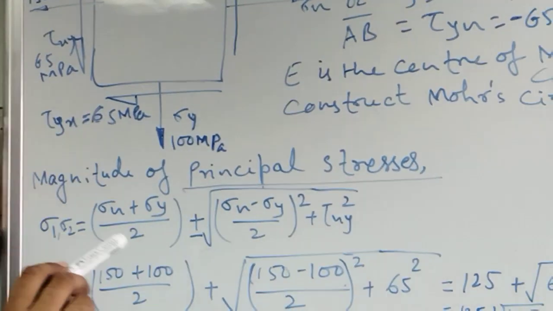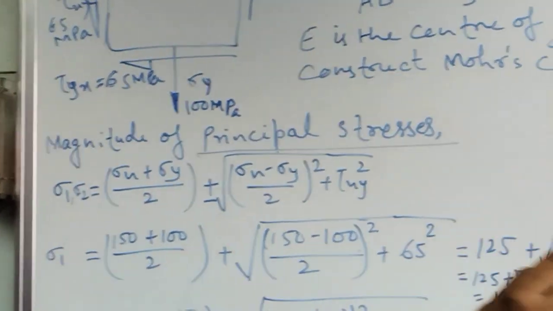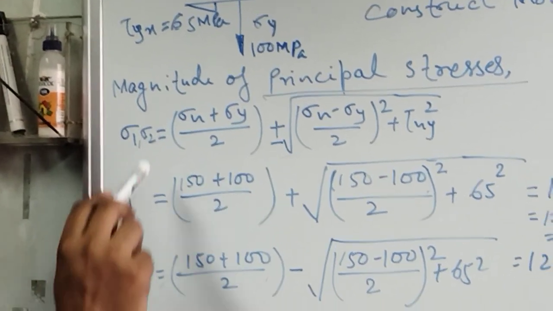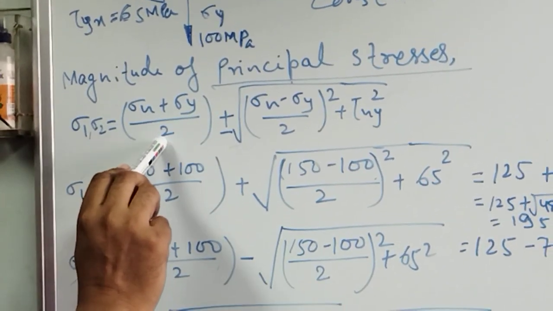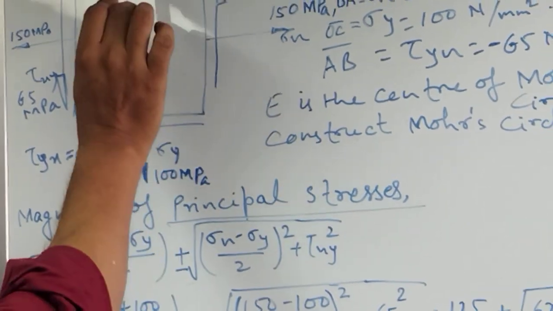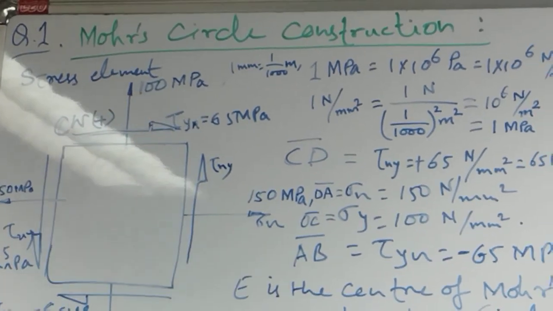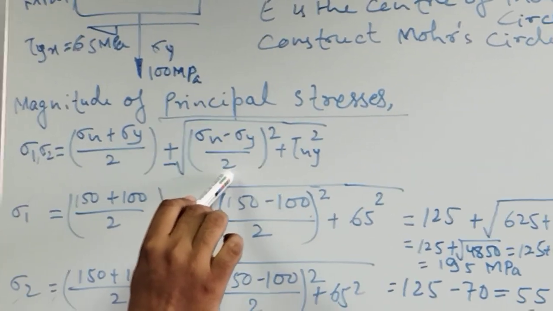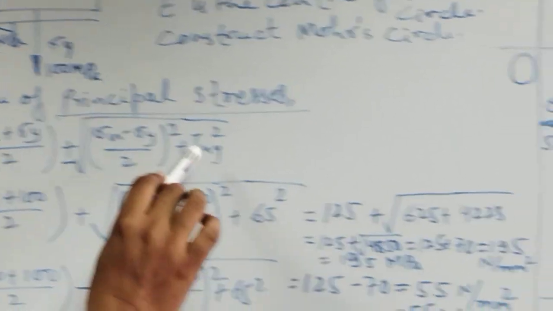The principal stresses formula I have already discussed in the previous lecture, where applying the Mohr circle we got the principal stresses sigma 1 and sigma 2, whose value is (sigma x plus sigma y) by 2, plus minus root under ((sigma x minus sigma y) by 2) whole square plus tau xy whole square, where tau xy is the shear stress.